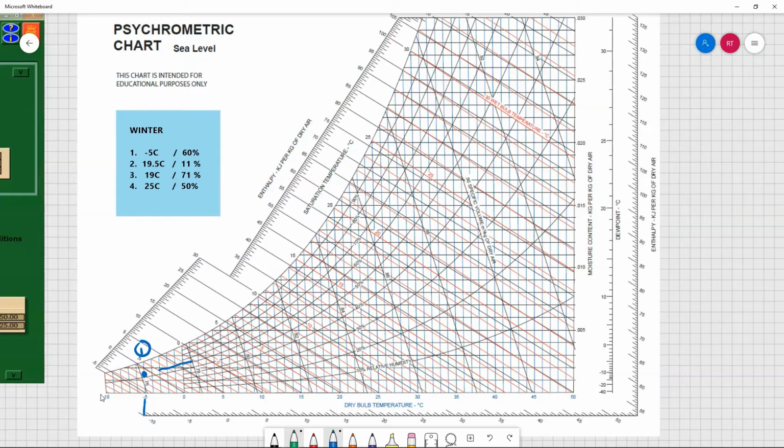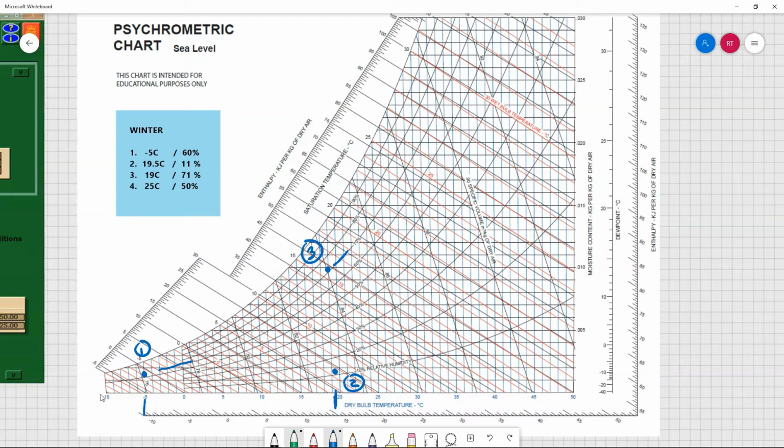Point number 2, I'm at 19.5 degrees dry bulb and 11% relative humidity. So I'm out here, this is my point number 2. Point number 3, I move up a little bit to about 70% relative humidity and 19 degrees, and that brings me about to here, and that would be my point number 3.